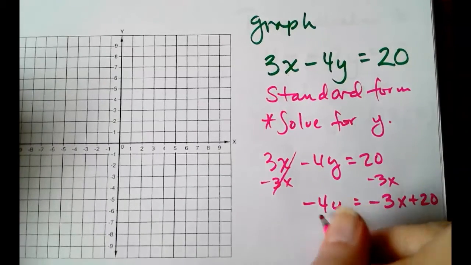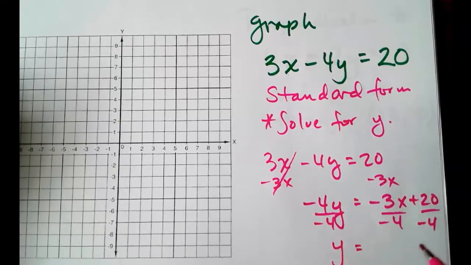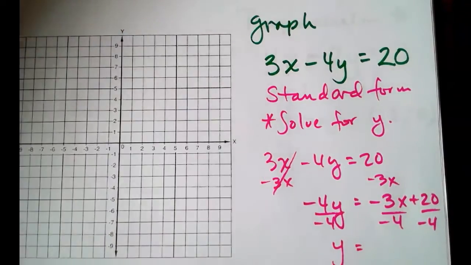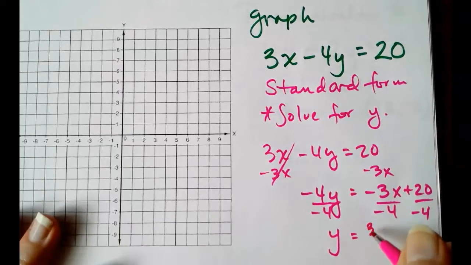Next, we need to divide everything by -4, which will give us y equals -3 over -4. Negative over negative becomes positive, so positive 3/4 x. 20 divided by -4 is -5.